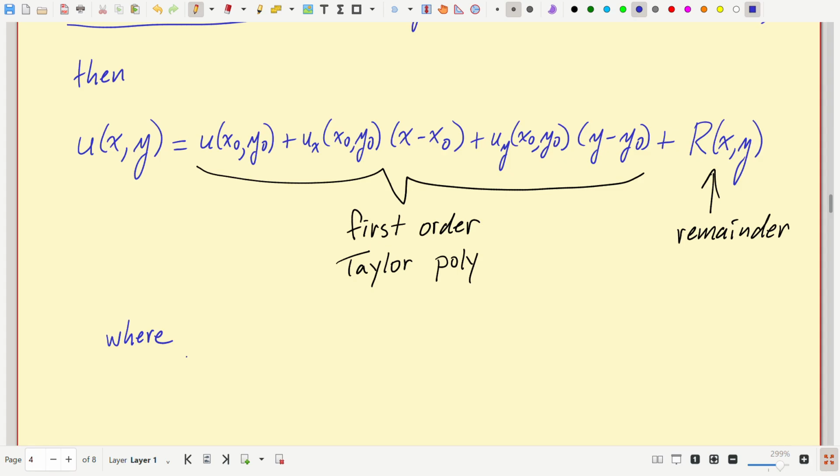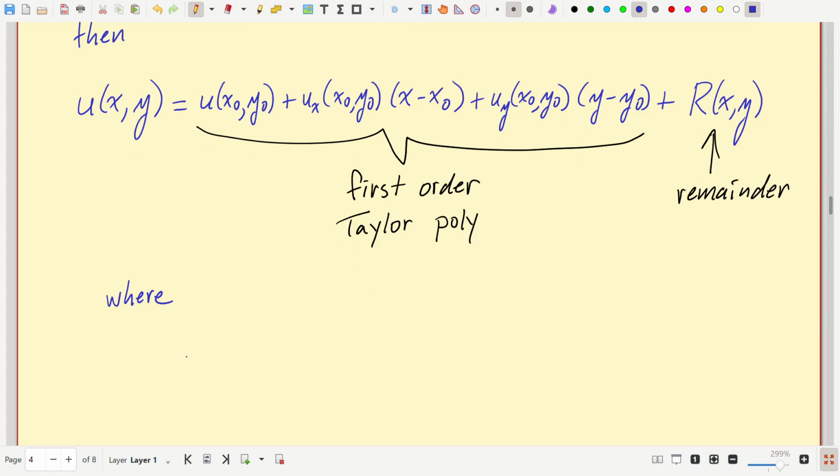And so it goes to 0 very rapidly. The difference between u and its first-order Taylor polynomial goes to 0 so rapidly, in fact, that if I were to look at that remainder, of course the remainder goes to 0. That's not hard to see. That's basically just continuity. So the remainder goes to 0.